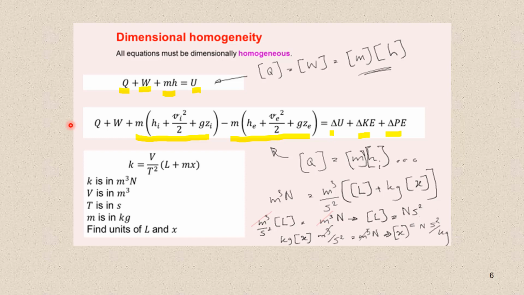When you calculate the answers for the second problem, you will notice that the units for L are going to be N s squared, whereas the units for X are going to be N s squared per kilogram.